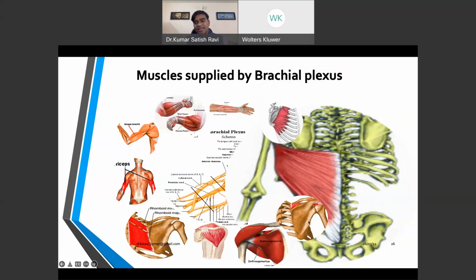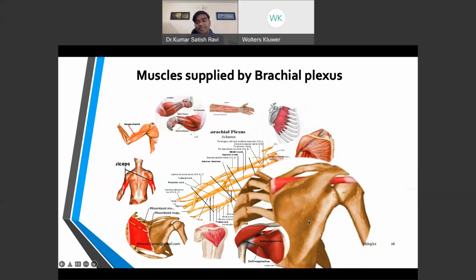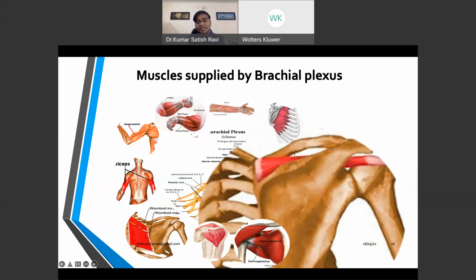Coming to the next muscle, this is the supraspinatus muscle. It is supplied by the suprascapular nerve, and the root value of the suprascapular nerve is C5 and C6.